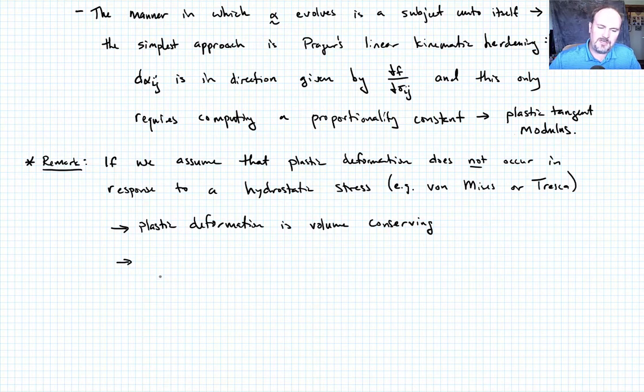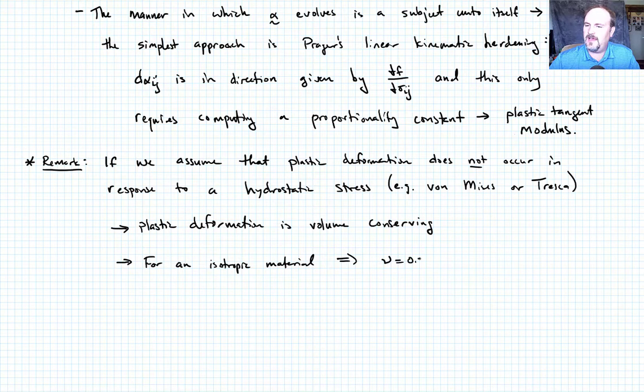That has an implication as well, in that for an isotropic material, you need a Poisson's ratio of 0.5 for plastic strains.